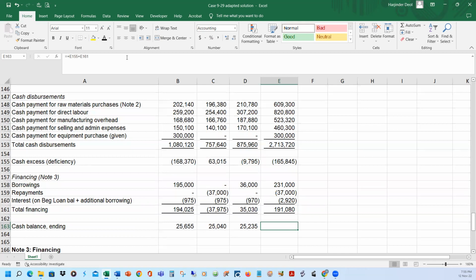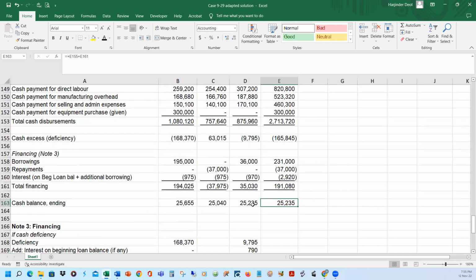Our cash balance at the end of the quarter is the cash deficiency for the quarter plus the total financing for the quarter, and that works out to 25,205. Notice this is exactly the same as the ending cash balance for the month of March. This is a very important check figure. Your numbers should match. Otherwise, some mistake has certainly been made.